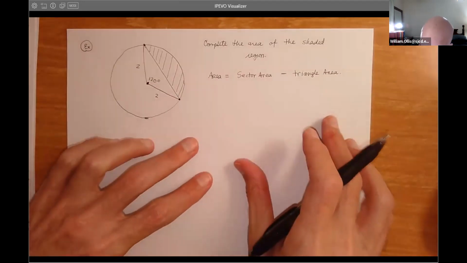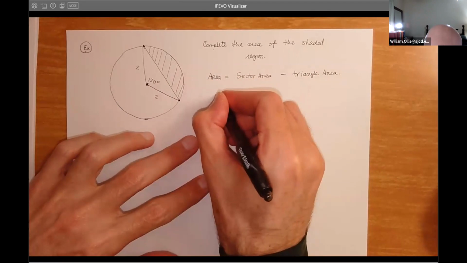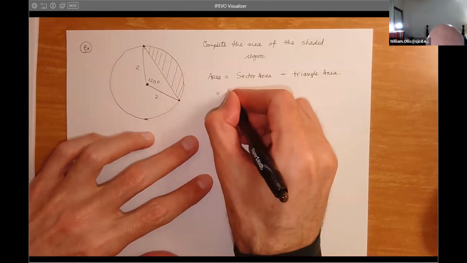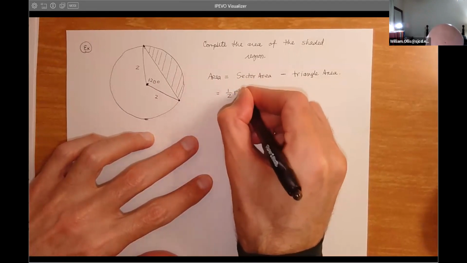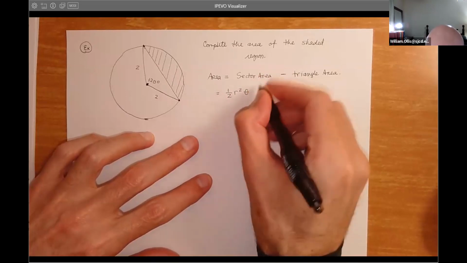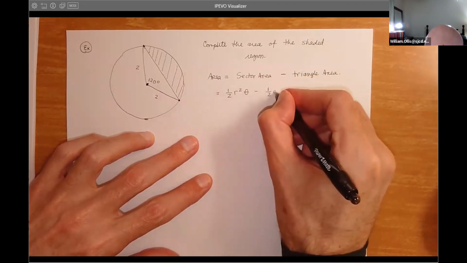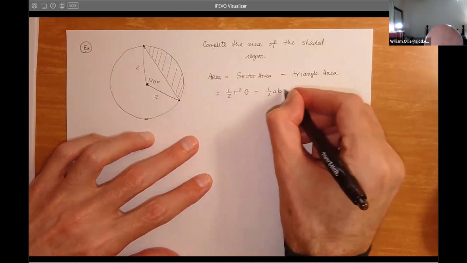Okay, so now we're thinking, well, let's just go ahead and write down what this is. This is 1/2 r squared theta minus 1/2, we'll just use the notation from our theorems, AB sine theta.